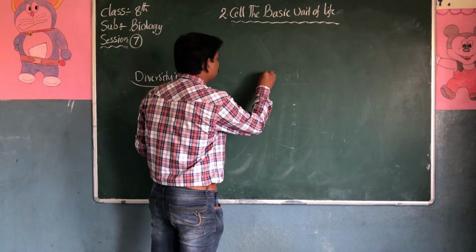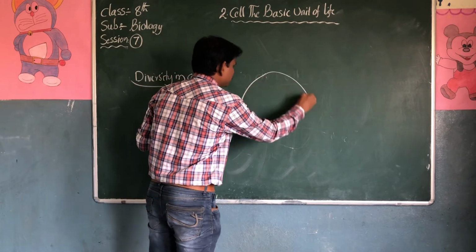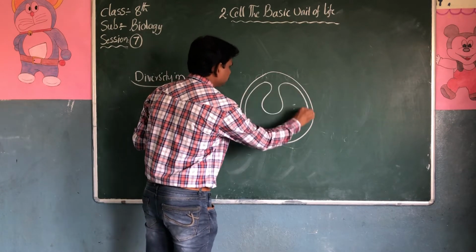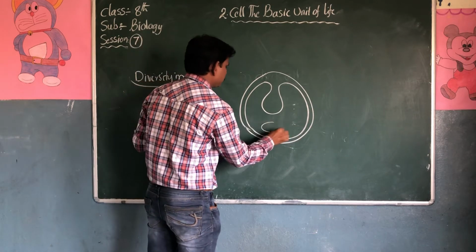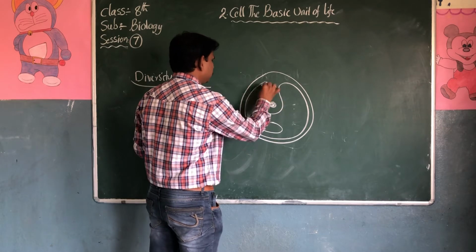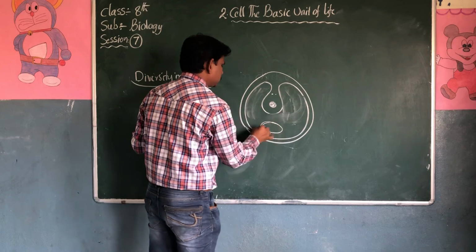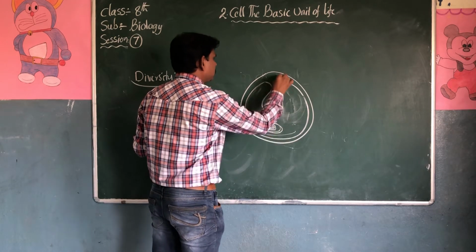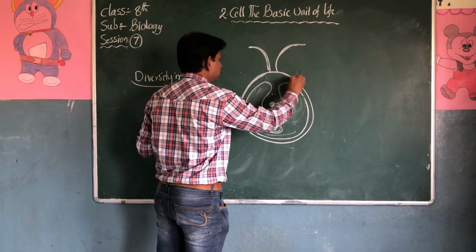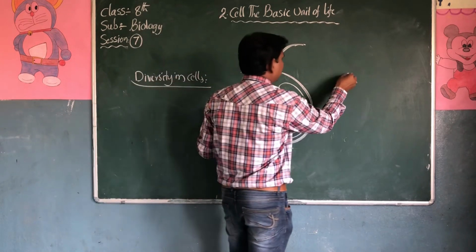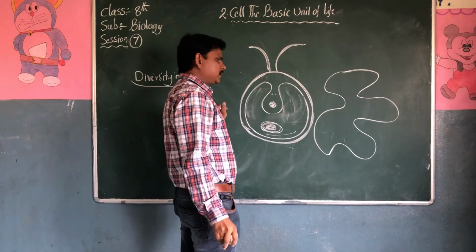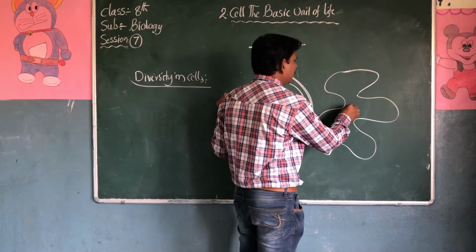Diagram of Chlamydomonas. And diagram of amoeba. Amoeba doesn't have any fixed shape, it is called irregular shape.